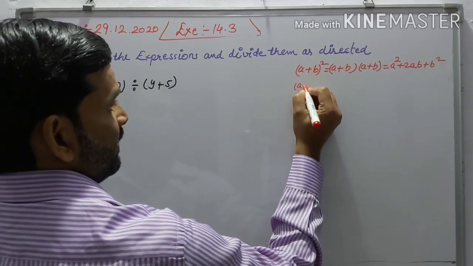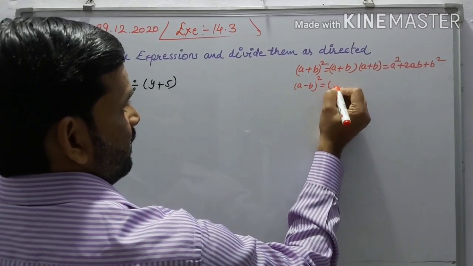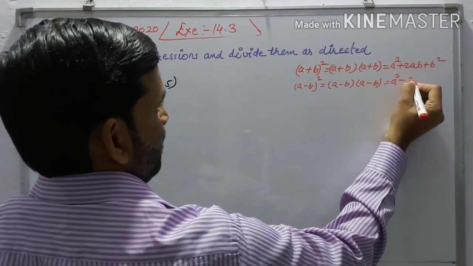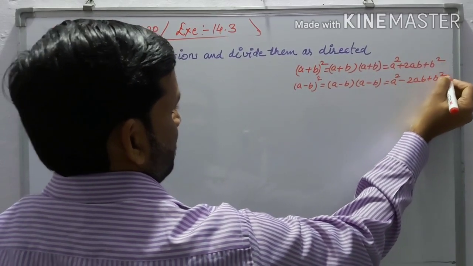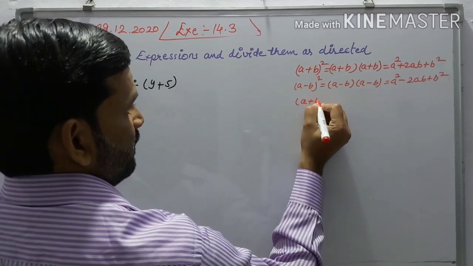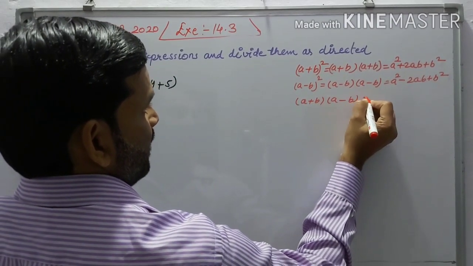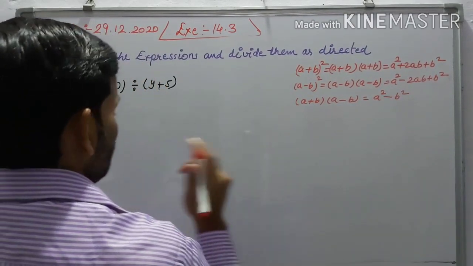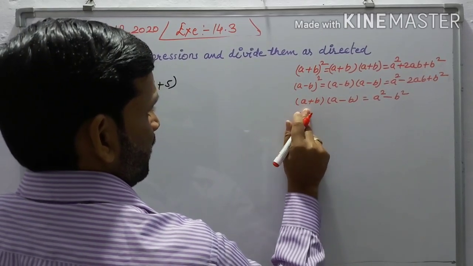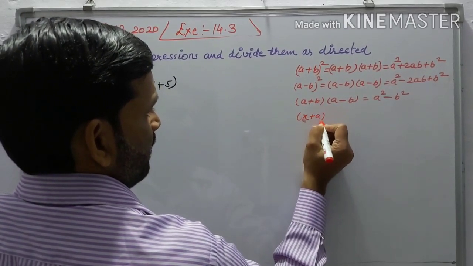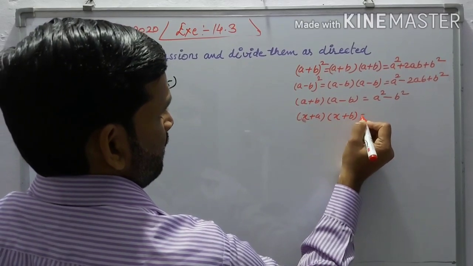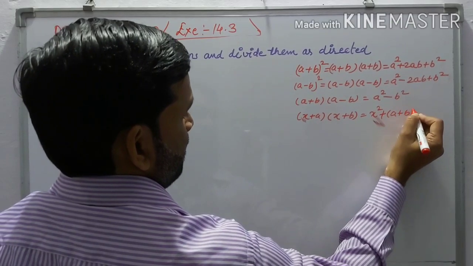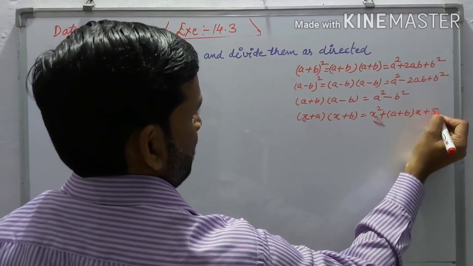In the last class we already learned that (a minus b) whole square is a square minus 2ab plus b square, and next (a plus b)(a minus b) is a square minus b square. These are the 3 identities, and the fourth identity is (x plus a)(x plus b) is x square plus (a plus b)x plus a into b.